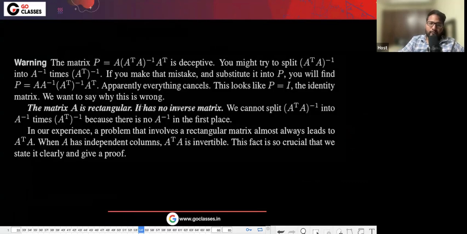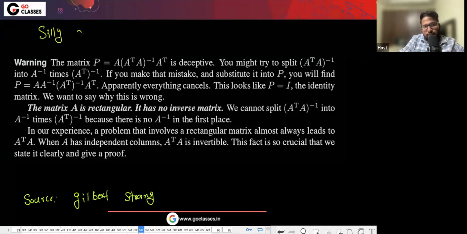Now, as one of the students was asking, can we open up this inverse? Again, this is from Gilbert Strang. They've also taken care of this silly mistake. This is kind of a silly mistake. Why?